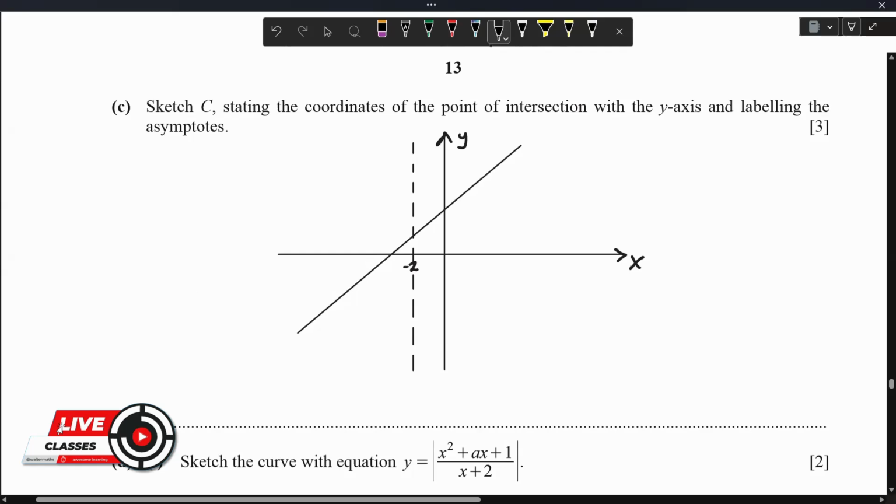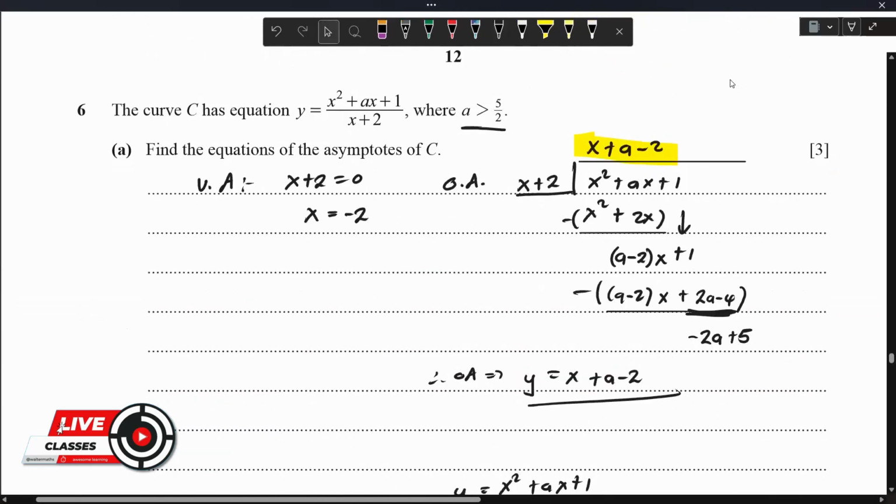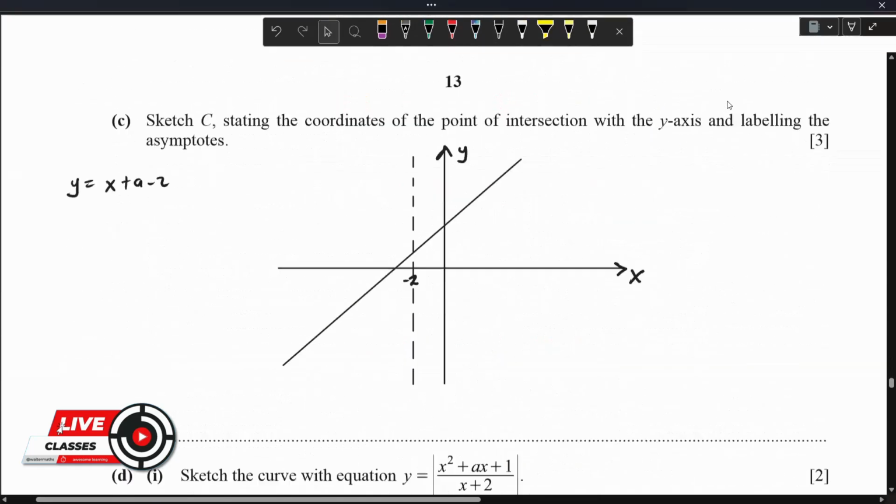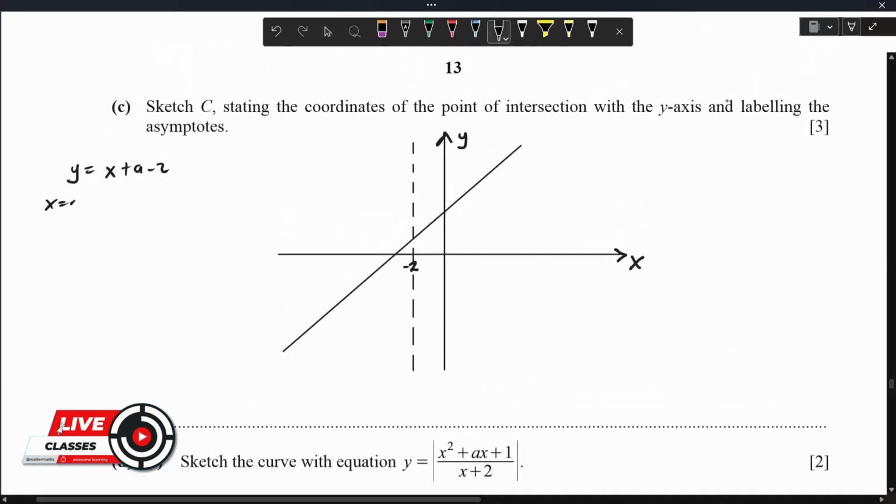Okay. So remember, we're drawing the line y is equal to x plus a minus 2, right? When x is 0, y is a minus 2, and a minus 2 is anything greater than 0.5. So we'll just draw the line like this. And when y is 0, x will be 2 minus a.